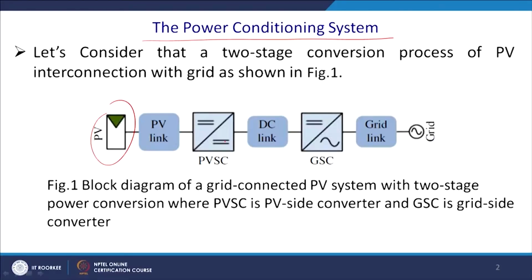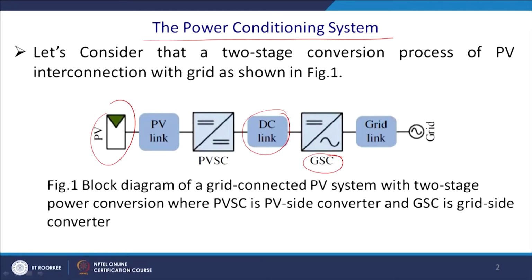One DC to DC converter will try to track the MPPT, another DC to DC converter will give you the desired voltage level, and thus you come to the DC link, and from this DC link, this is the entry point, and there it may require a pre-processing to get the desired DC bus voltage, and thus you have this grid connected inverter, and you have a grid link.